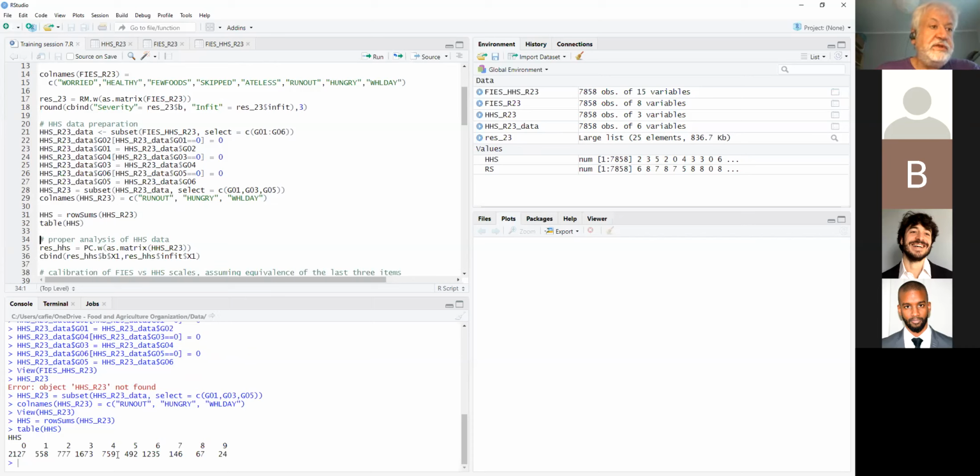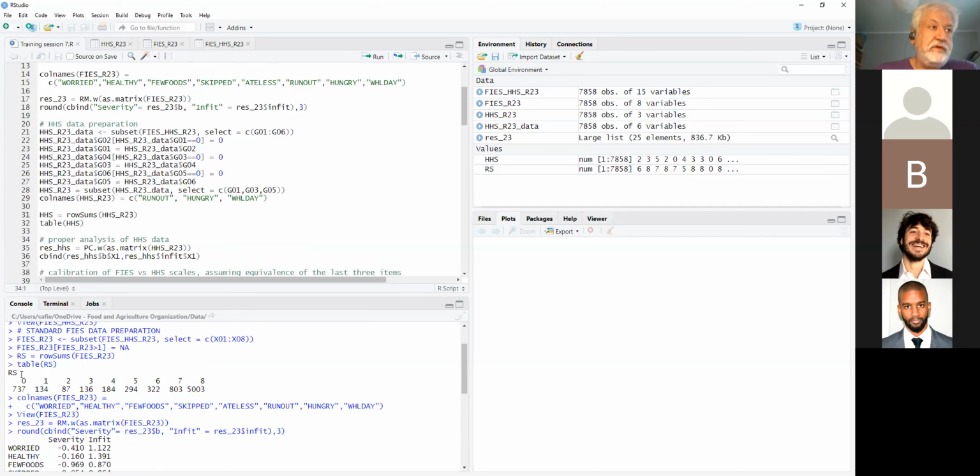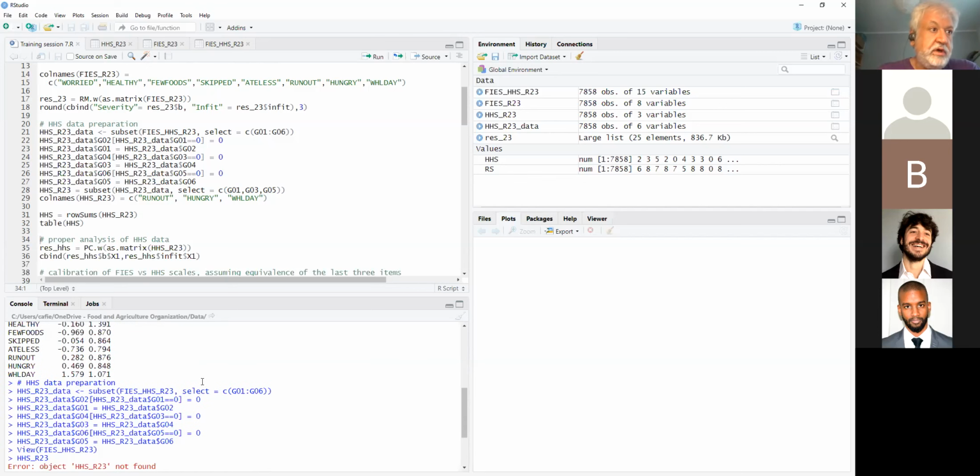And now you will see an already interesting comparison. We commented last time that from the point of view of the FIES, the majority of the respondents said yes to all questions, so the highest frequency is at the greatest possible row score.